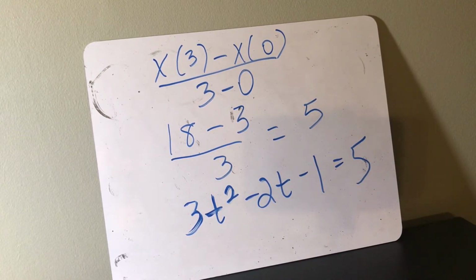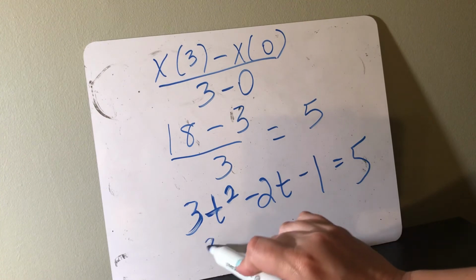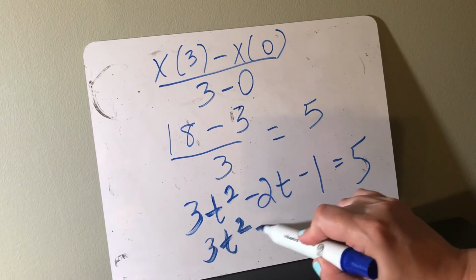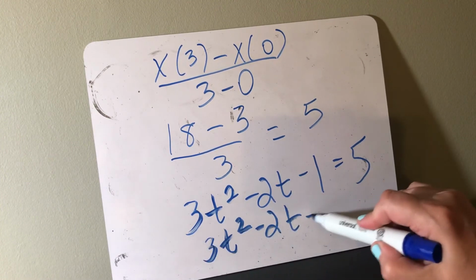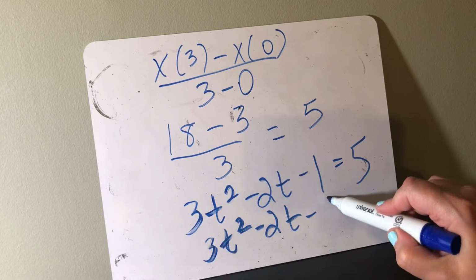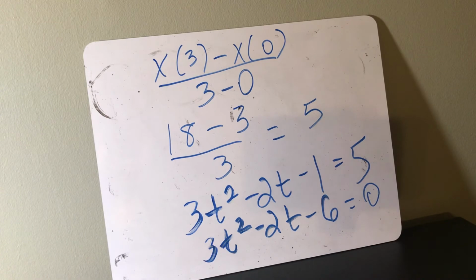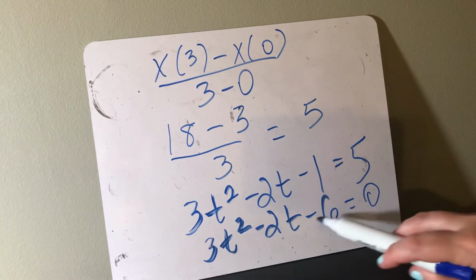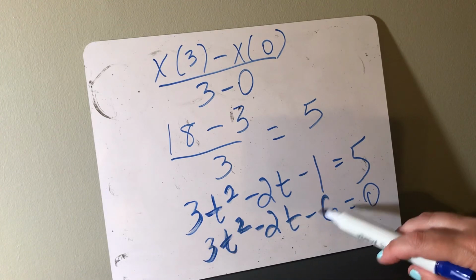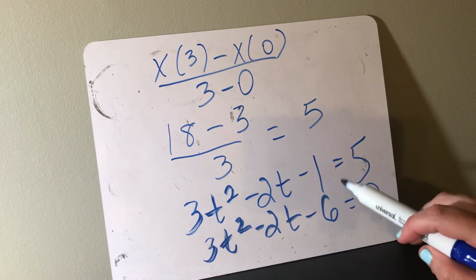Because you can use a calculator on anything, I would probably move the 5 over, graph this, and look to see where this graph hits the x-axis.